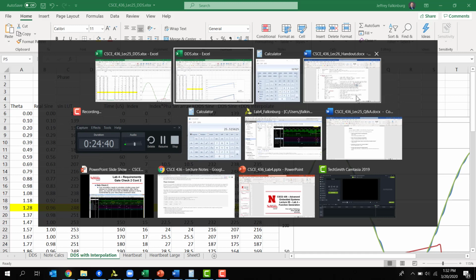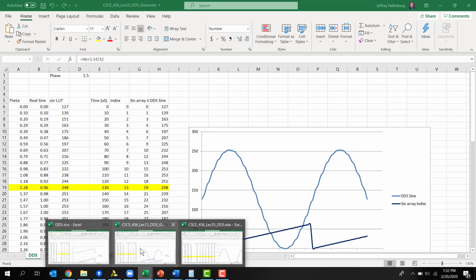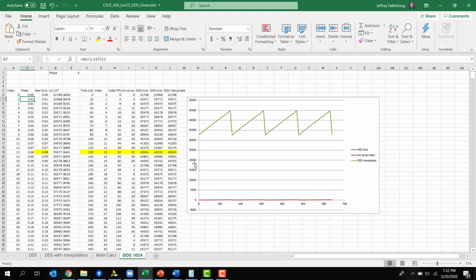That's not the one. Another spreadsheet. So I went through these given values and I converted them. I actually put it on a level 2 to the power of 15, changed the max and min values, and then I got those values right in the middle.